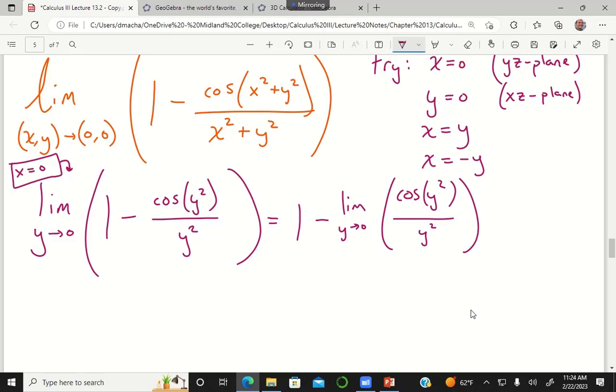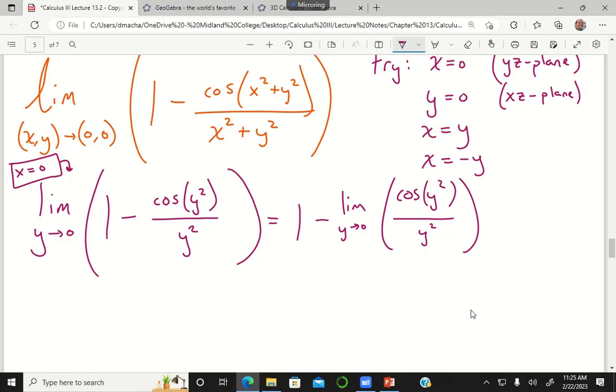And as y is approaching 0, what is cosine of 0? 1. And then that would be 1 over 0, which doesn't exist, and it's not an indeterminate form, so I can't use L'Hopital's rule or anything like that. This is going to be a case where, as y is approaching 0, the cosine function of that is going to be approaching positive 1 on both sides.